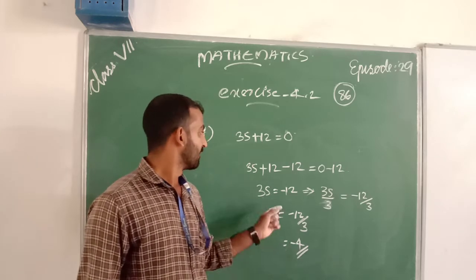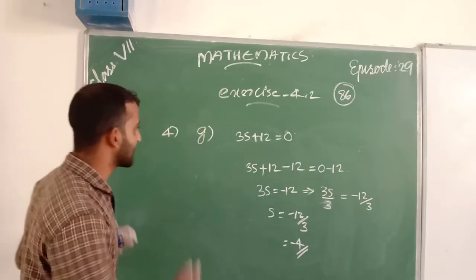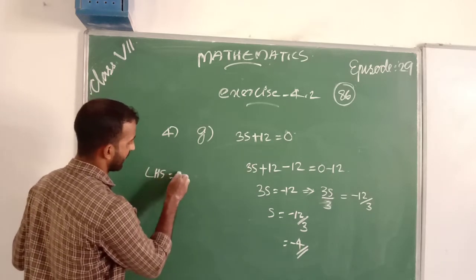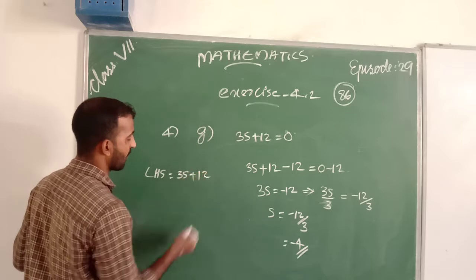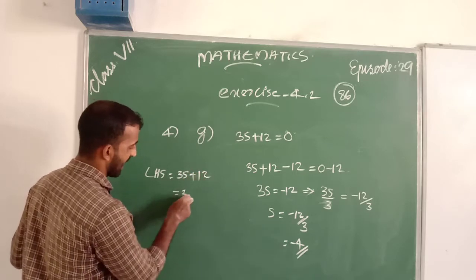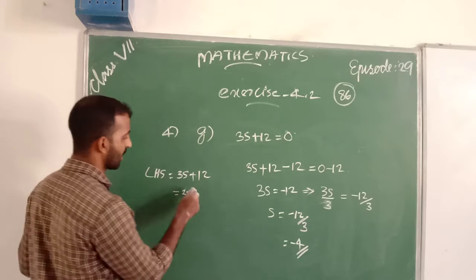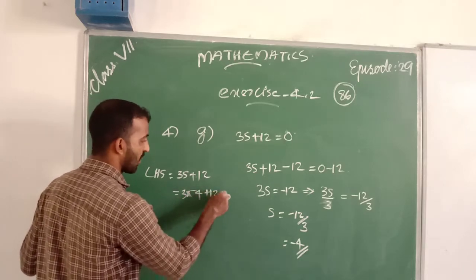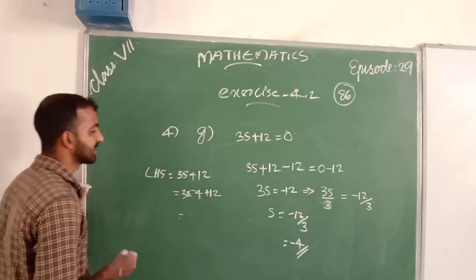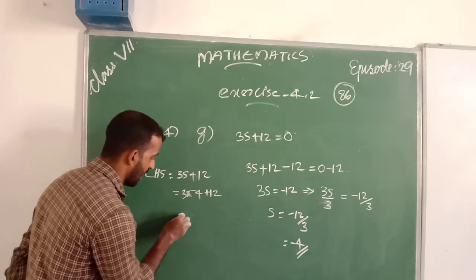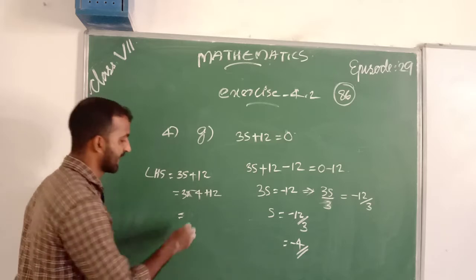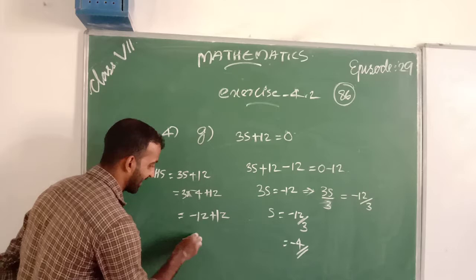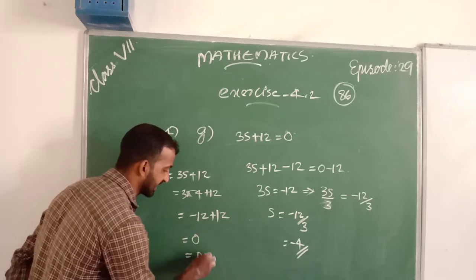When we put the value of s in the equation, LHS equal to 3s plus 12, that is 3 into negative 4 plus 12. 3 into negative 4 means negative 12 plus 12, that is 0, which is equal to RHS.